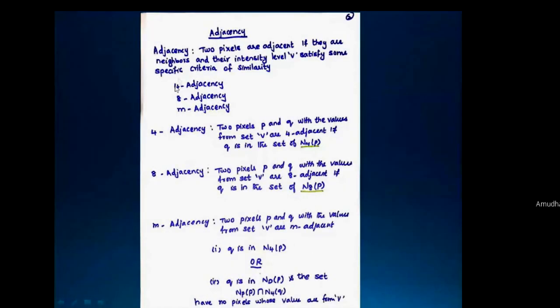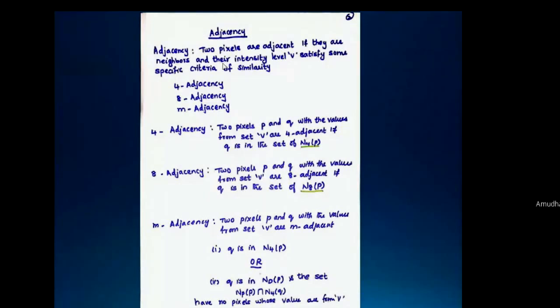First we have to understand what adjacency is. We take 2 pixels, P and Q. They are adjacent if they are neighbors, and their intensity levels should satisfy some specific criteria of similarity.